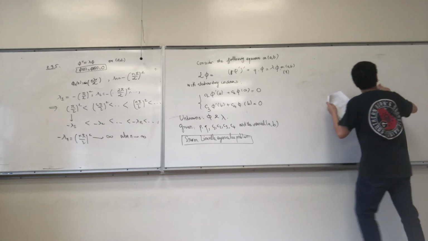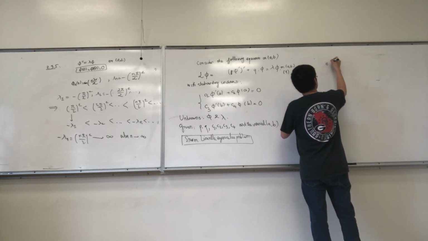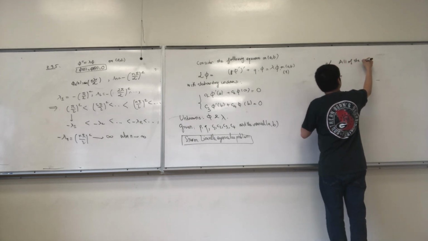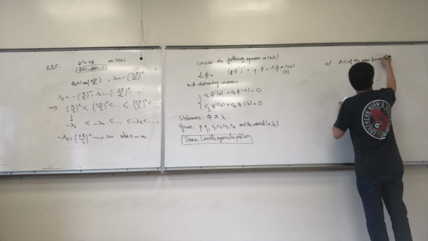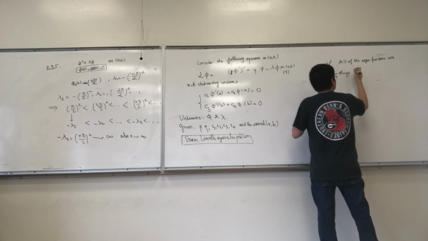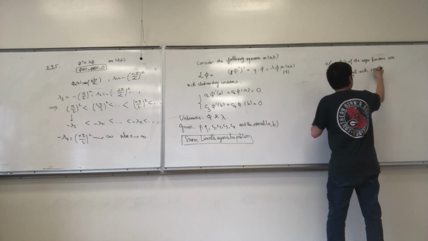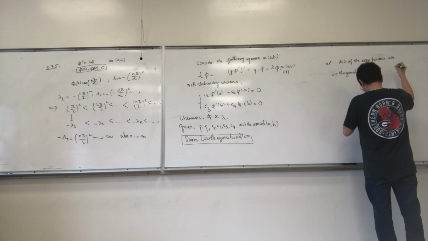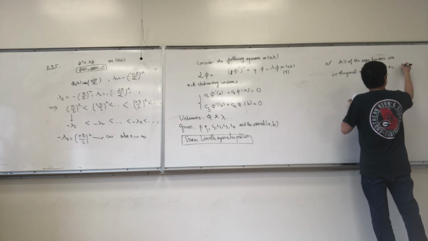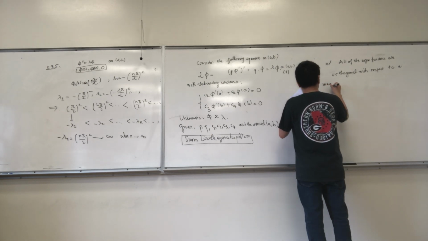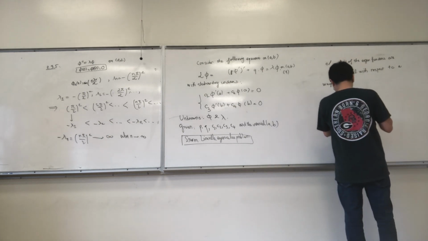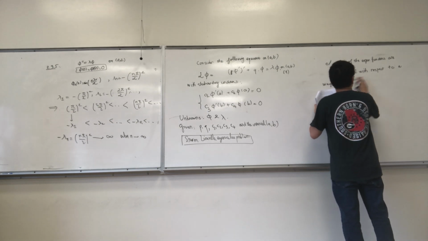So numbers C. So all of the eigenfunctions are orthogonal with respect to a weight sigma x, say w(x).